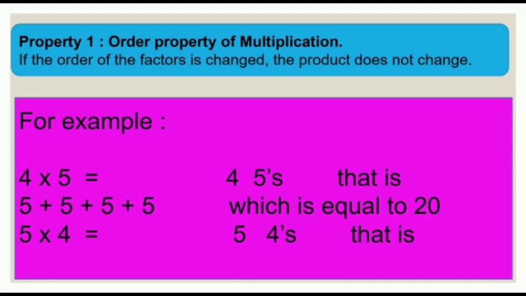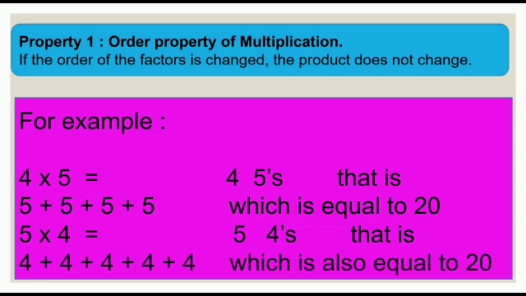Okay, so 4 5 times, that is, you have to write the number 4 for how many times? 5 times. So that is 4 plus 4 plus 4 plus 4 plus 4, which is also equal to 20. That is 5 4s is 20.